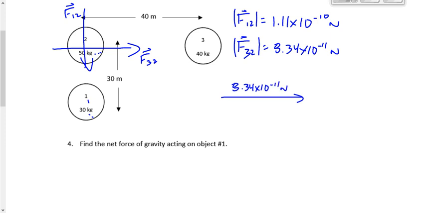And we're going to say F12 is this way. Its value is 1.11 times 10 to the negative 10 newtons. And the resultant vector, which is the net force here, we can find by the Pythagorean theorem.